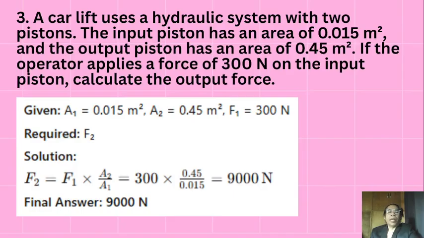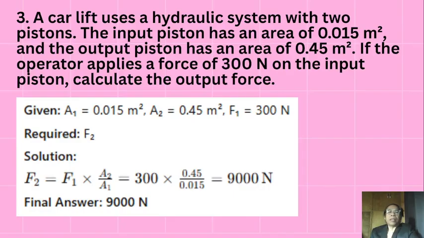Given A1 is equal to 0.015 meters squared, A2 is equal to 0.45 meters squared, F1 is 300 Newton, required F2. Solution, F2 is equal to F1 times A2 over A1. Substitute the given data, the final answer is 9,000 Newton.